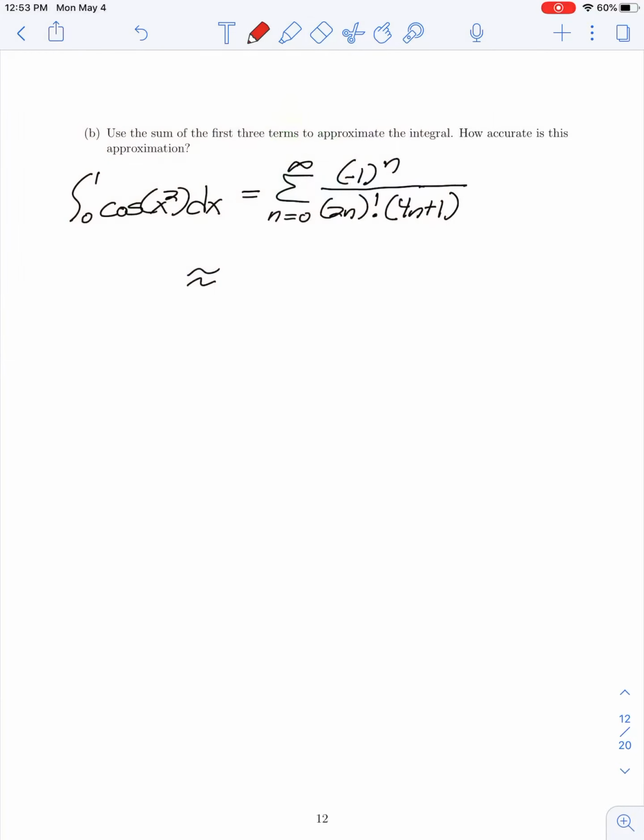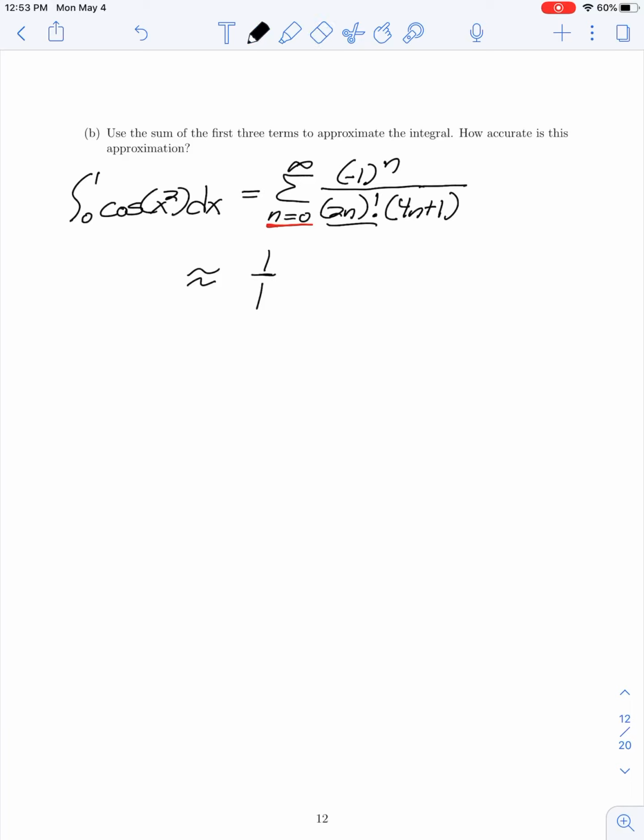So here, our first term corresponds to n equals 0. So plugging in 0 for n, we have negative 1 to the 0, which is 1, divided by 0 factorial, which is 1, times 4n plus 1, which would be 1. So we get 1 over 1, or just a 1 for that first term.